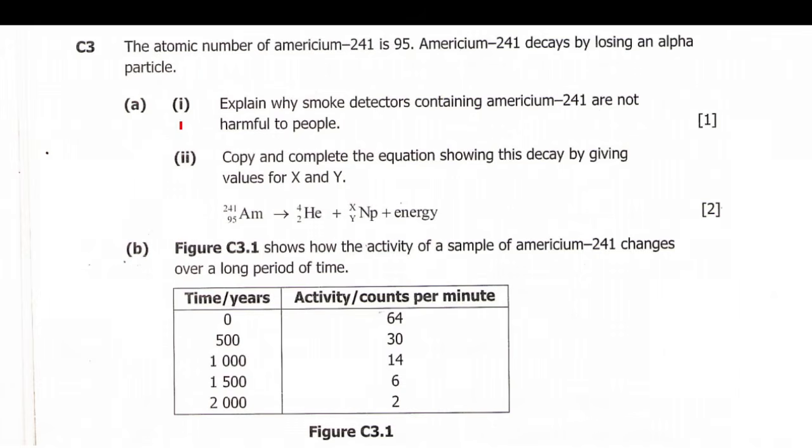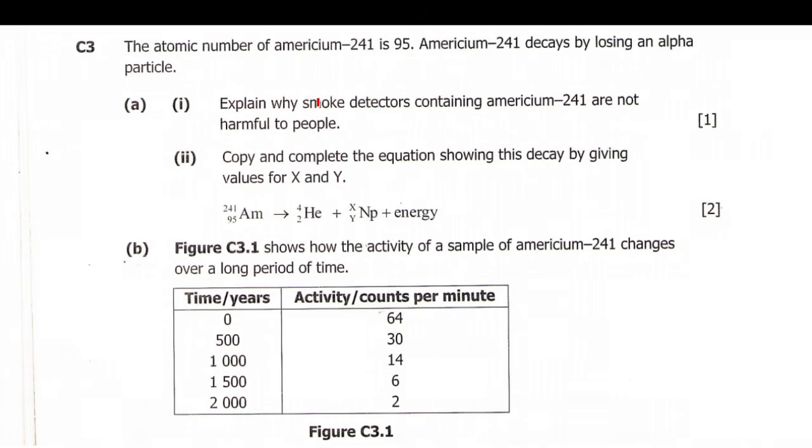Then they are saying A1, explain why smoke detectors containing americium 241 are not harmful to people. So they are saying, explain why smoke detectors containing americium 241 are not harmful to people.